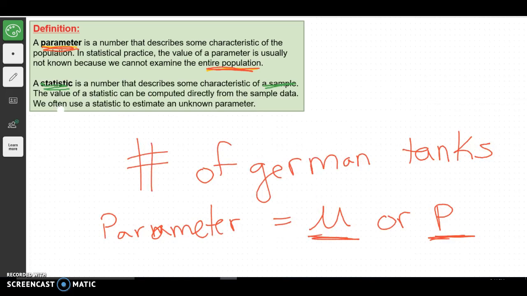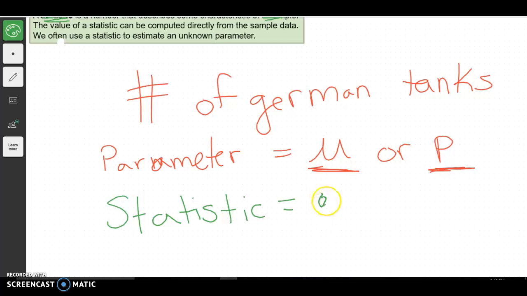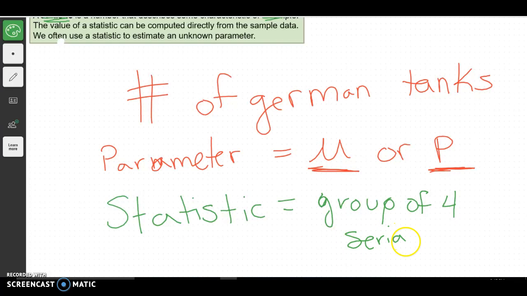For us, the statistic was the groupings of tanks.